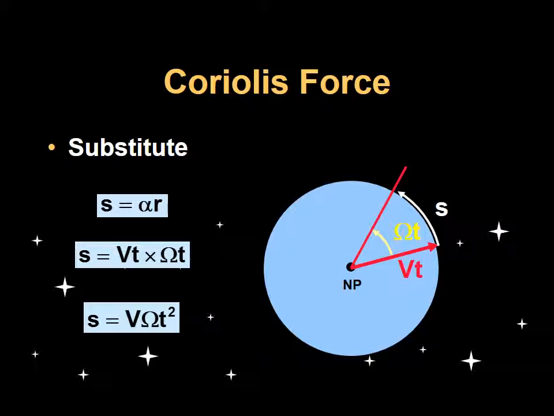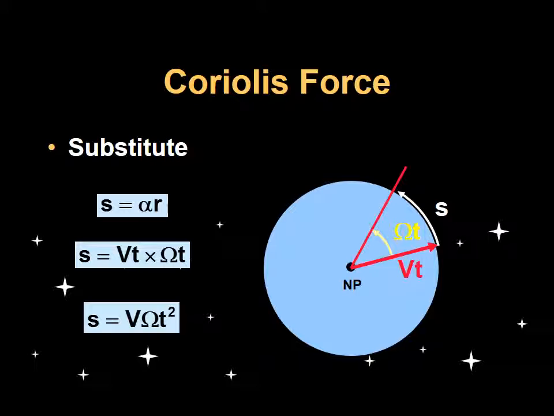So we already came up with some expressions for alpha and for r. We know that the time that it takes for the Earth to rotate a certain number of degrees, that angle, is actually omega times t. It's the number of degrees per second times the number of seconds. So that'll give us angles, degrees, or radians. So that's what the omega t is.